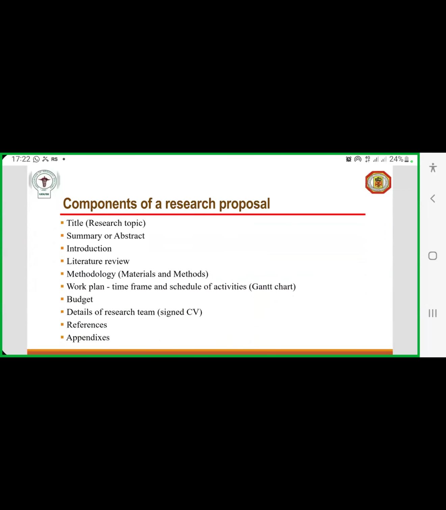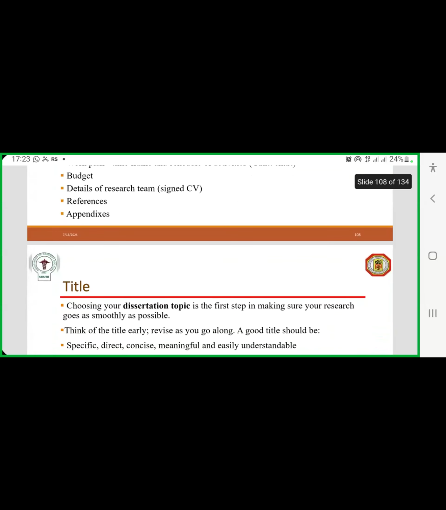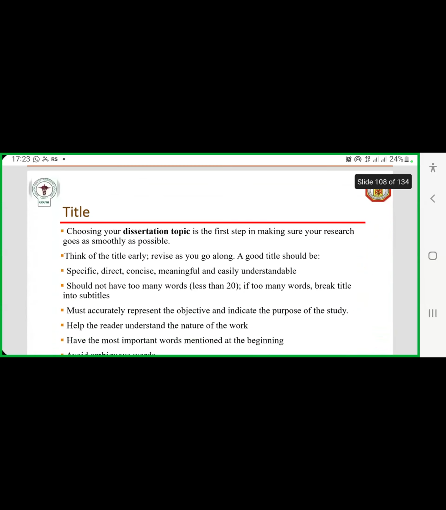The components of a research proposal include title, abstract, introduction, literature review, methodology, work plan, budget, detail of research team, then references and appendices. So these are the components of a research proposal. We are going to look at them one after the other. Title.